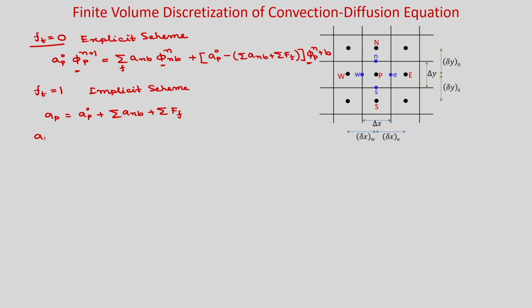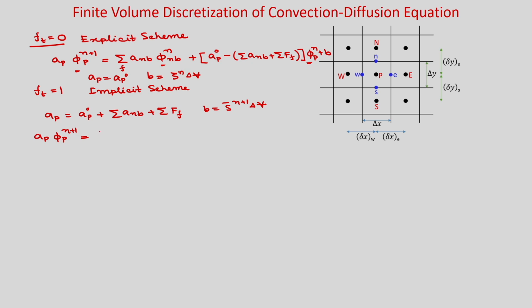So you will get A p phi p n plus 1 is equal to, and in this case A p is equal to A p naught only, and B will be only S bar n plus 1 delta V.